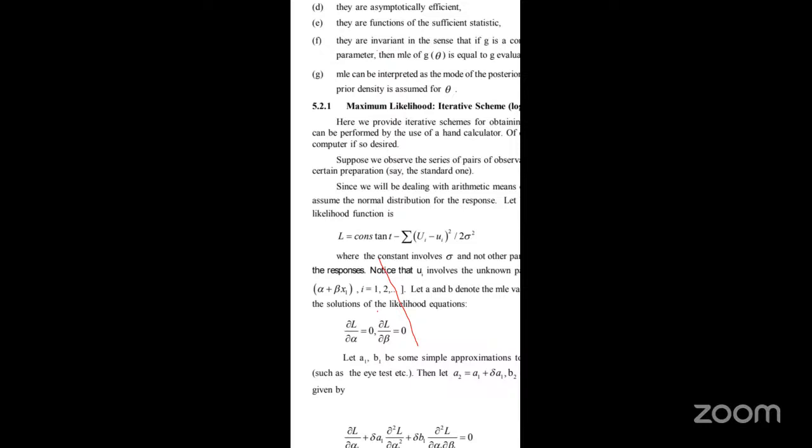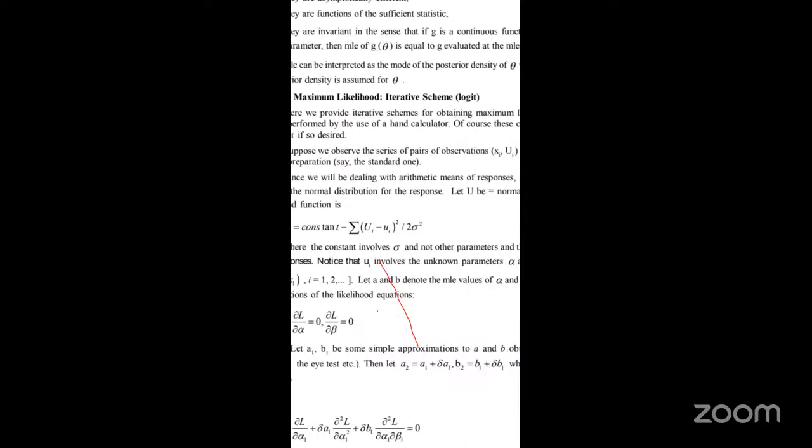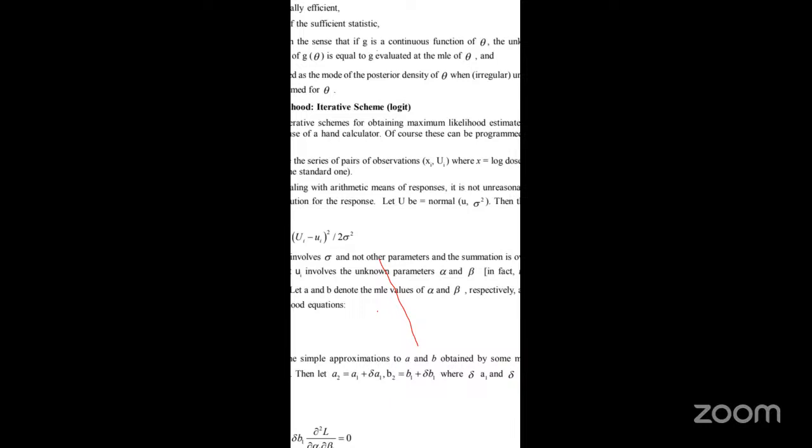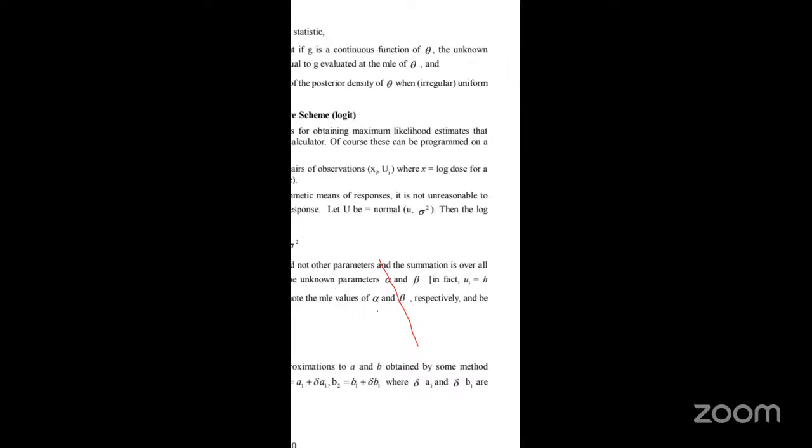Suppose we observe a series of pairs of observations x, u, where x equals log dose for a certain parameter, the standard one. Since we will be dealing with the arithmetic mean of response, it is not unreasonable to assume a normal distribution for the response.